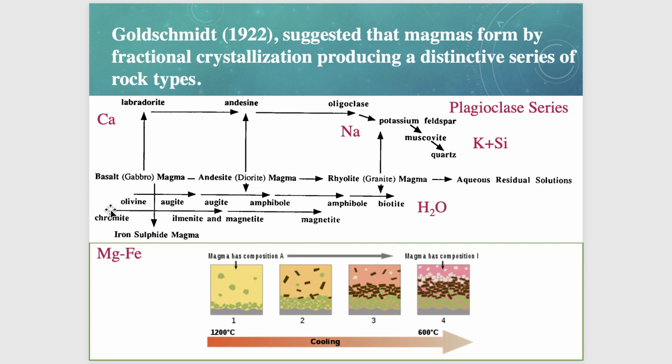We have also accessory minerals in this series, and so we will see that this type of sequence is very similar to the one we find in the Bowen sequence, but we have also here the accessory minerals, such as chromite, ilmenite, and magnetite, which is a more oxidized phase.